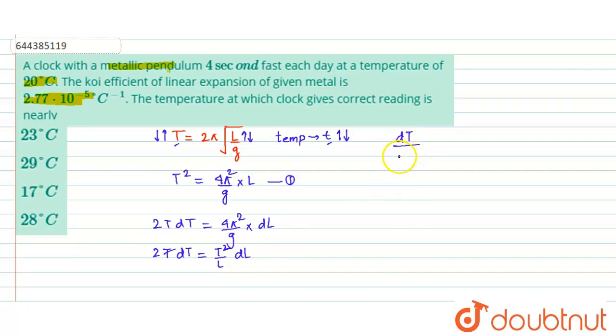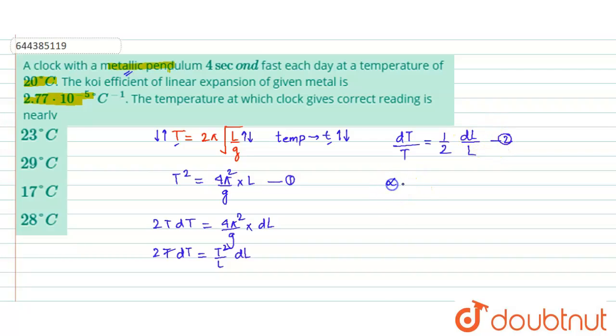So dT upon T is equal to half dL divided by L. Let this be the second equation. This equation relates the change in time period, which may increase or decrease, with the change in length. Now since it is a metallic pendulum, we can find out the change in length.